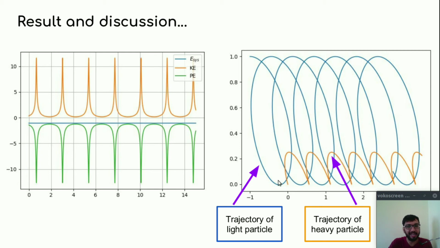This ellipse-like trajectory is for the light particle, and this red curve is for the heavy particle. As you can notice here, our heavy particle hardly moves, and this is the case when our heavy particle is 4 times heavier than the light particle.